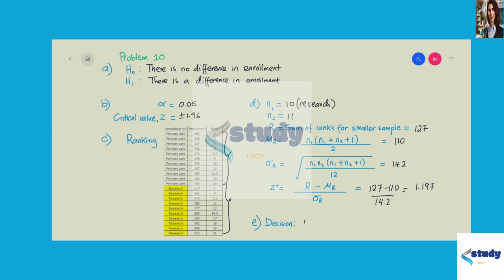The calculated value of z is 1.197, and we compare that to the critical value, which is 1.96, and see that the calculated value of z is less than the critical value of z, which leads us to the decision to fail to reject the null hypothesis. When we fail to reject the null hypothesis, we conclude that there is not enough evidence to reject the claim that there is no difference in enrollment.